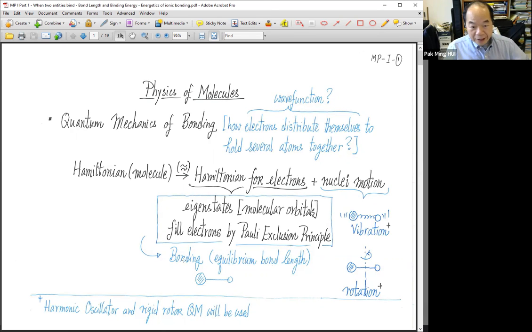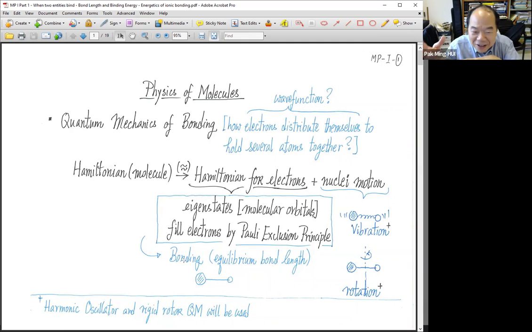And then I would write down the full Hamiltonian of the molecule, and then we immediately realize it is very hard to solve. Well, we even couldn't solve the helium atom with 2 electrons and 1 nucleus. So we shouldn't expect we can solve the H2 molecule, right? We have 2 nuclei and 2 electrons.